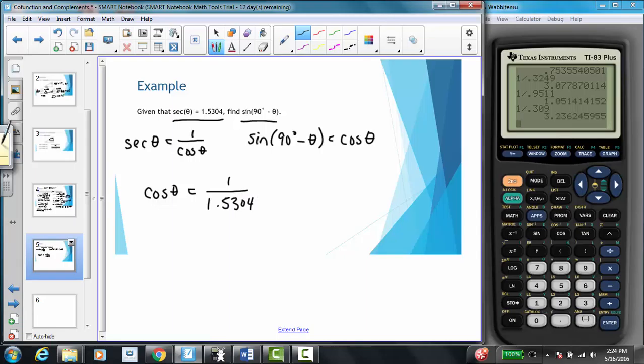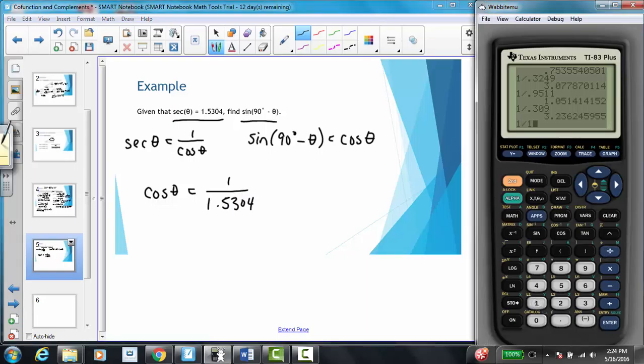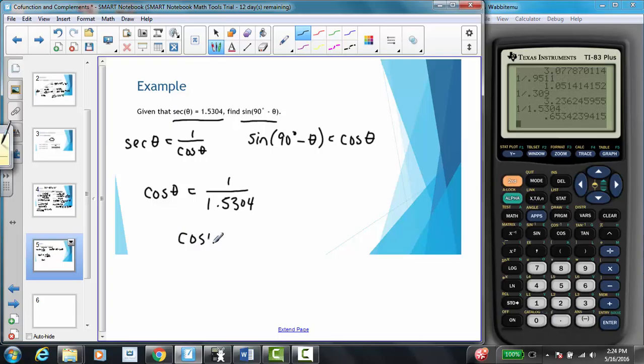Putting that into our calculator, 1 divided by 1.5304, we get that cosine theta is approximately 0.65, and we also know that cosine theta equals sine of 90 minus that theta. So sine of 90 degrees minus theta is also approximately 0.65.